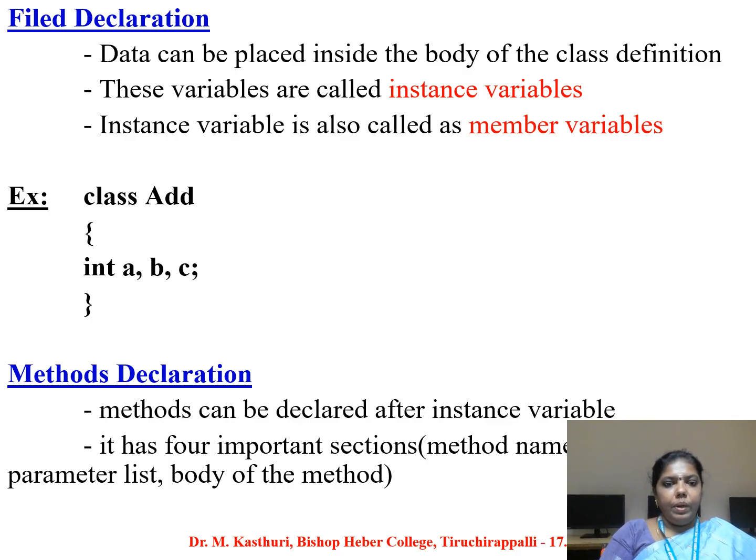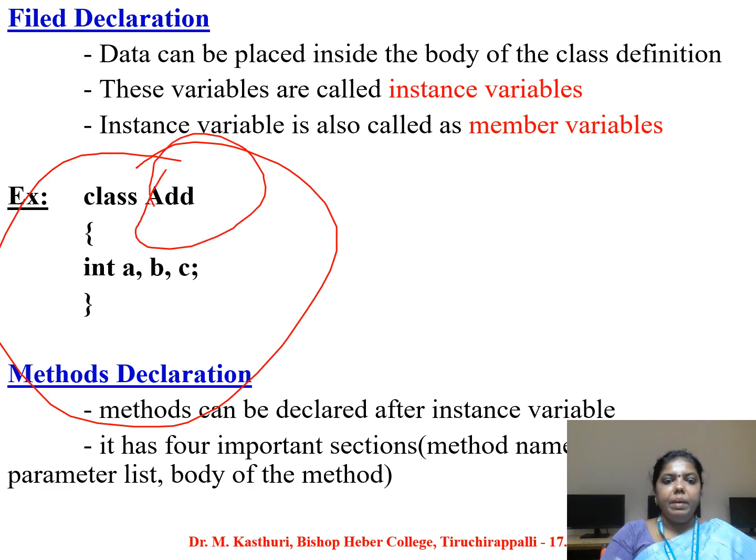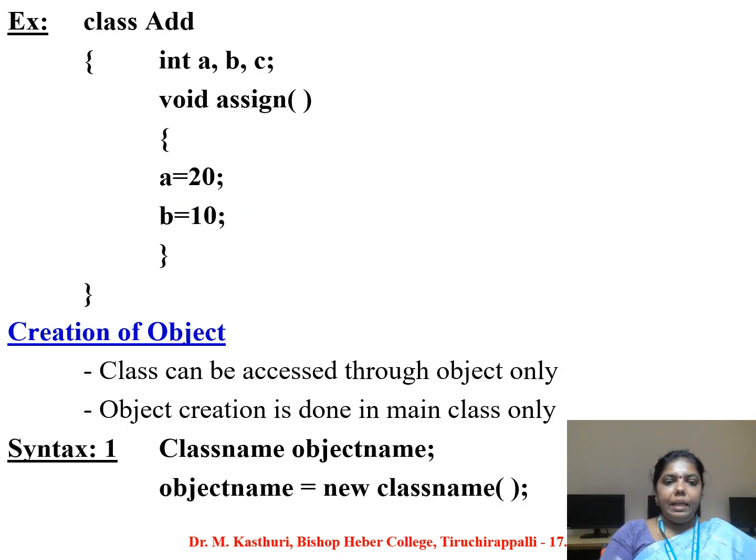In this piece of coding, we see how a class is created. Here add is nothing but the class name. It is a user defined class name which consists of three variables a, b and c. Similarly, we can insert methods also.